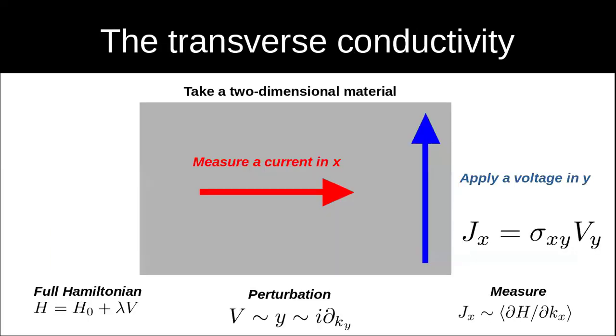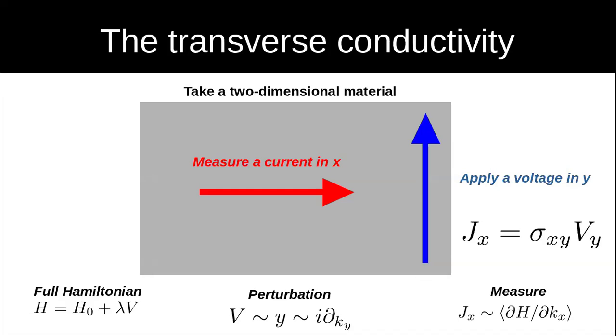Okay, so now here's the case where we are going to use perturbation theory. And this type of measurement is essentially called the transverse conductivity. It's called the Hall conductivity. So the basic idea is that we are going to take a two-dimensional system, and in this two-dimensional system, we are going to apply a voltage in the y direction, and we are going to ask ourselves what is the current in the x direction.